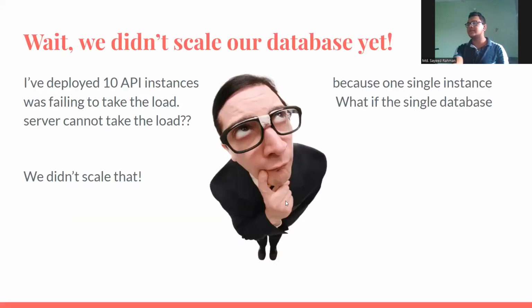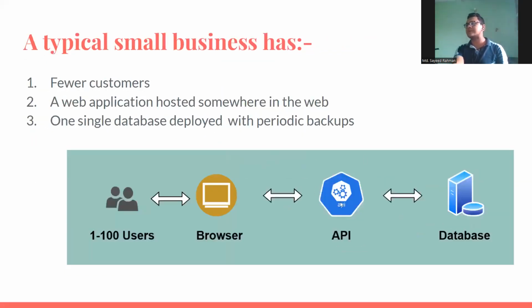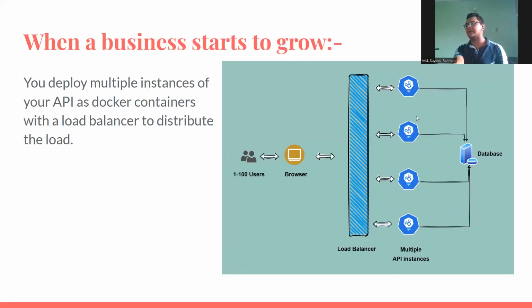We can see that we have horizontally scaled one single API server into multiple API servers. We are not increasing the RAM or the CPU computing power of the API server. Rather, we have multiplied the number of API servers so that all of them can combinedly take the workload in a distributed way and serve the customers seamlessly in a very short amount of time. And what does the load balancer do?